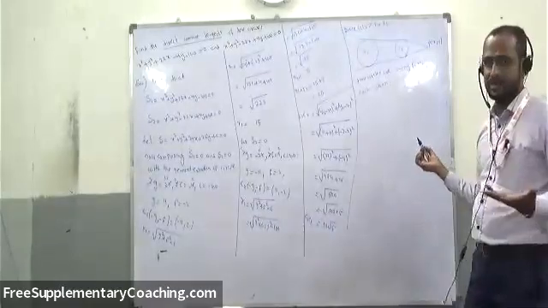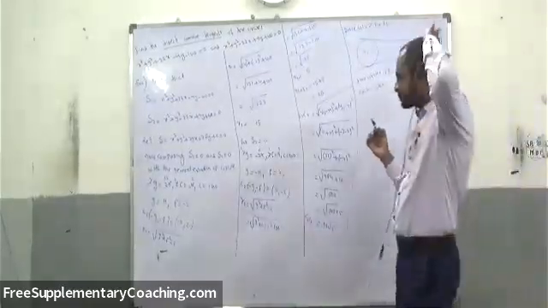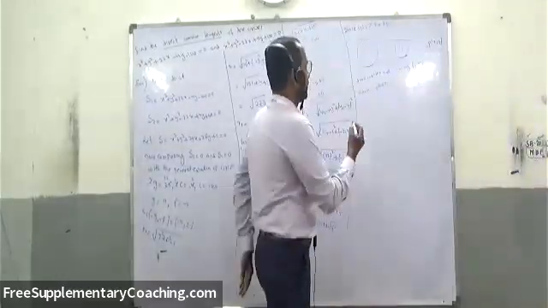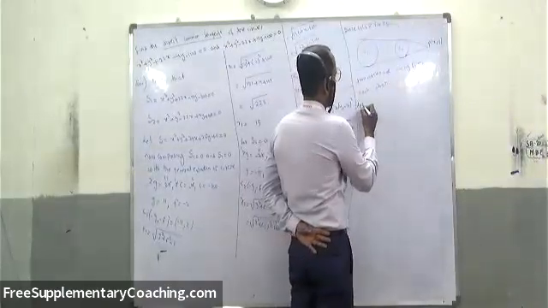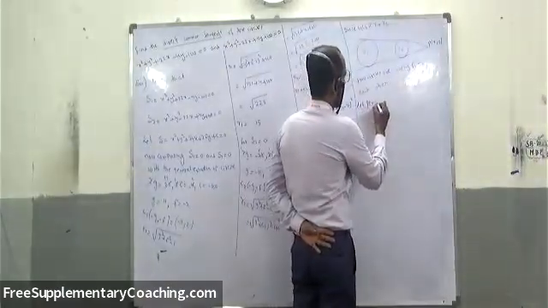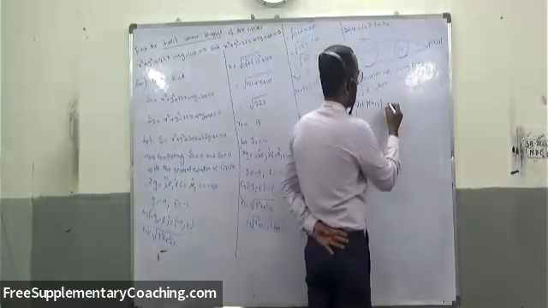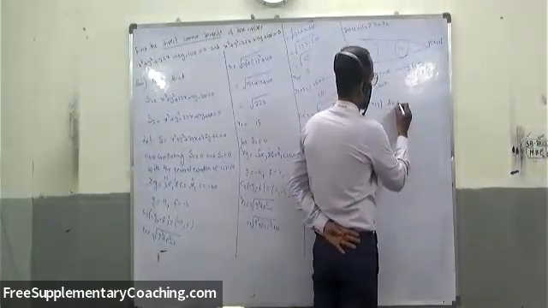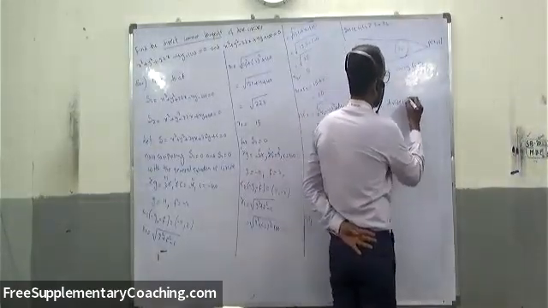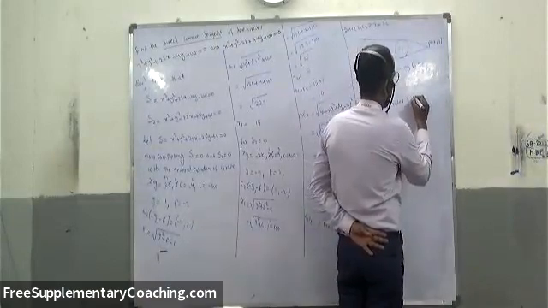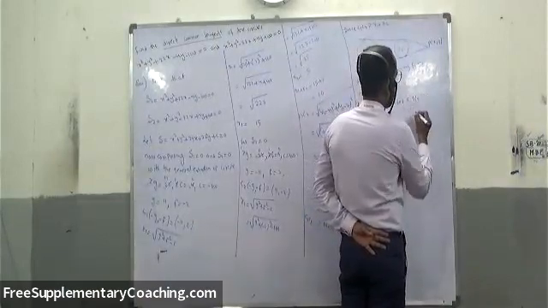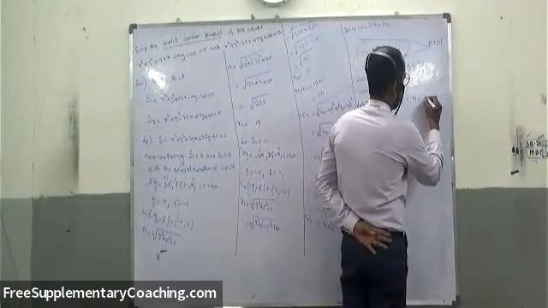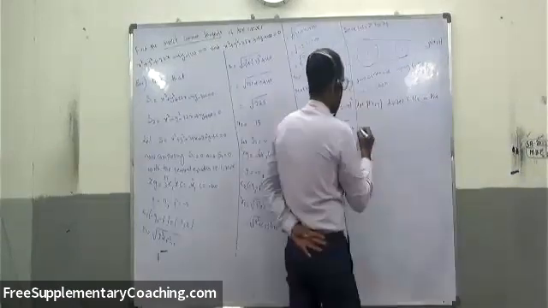What is it doing? Look at here. Let P of X comma Y divide C1 and C2 in the ratio.